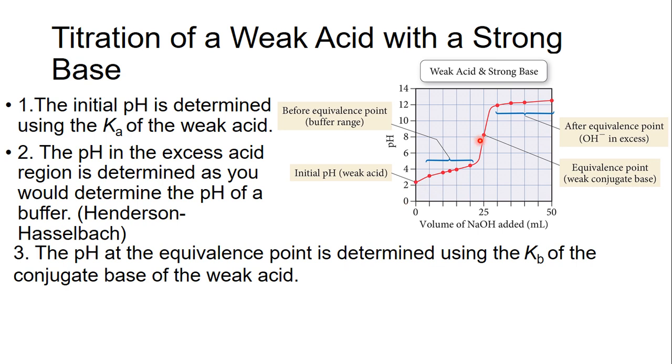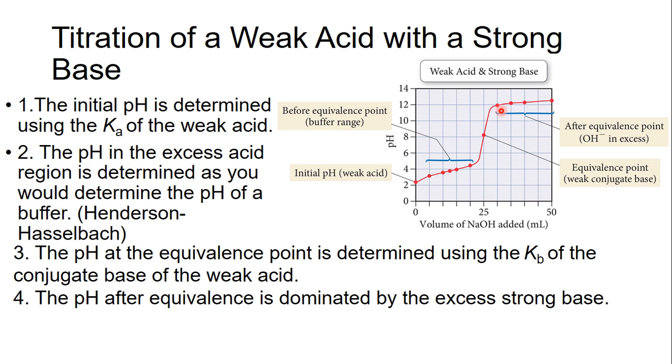Therefore, all you have left in solution is your weak conjugate base. This is just an equilibrium problem then. You can calculate the pH using the Kb of your weak base, and you should know the Kb because you know Ka. Remember, Ka times Kb equals Kw. Use an ice table and figure out the pH using the Kb.